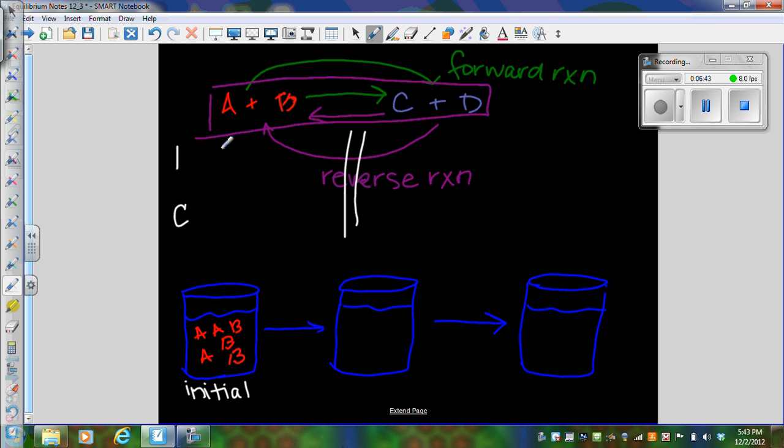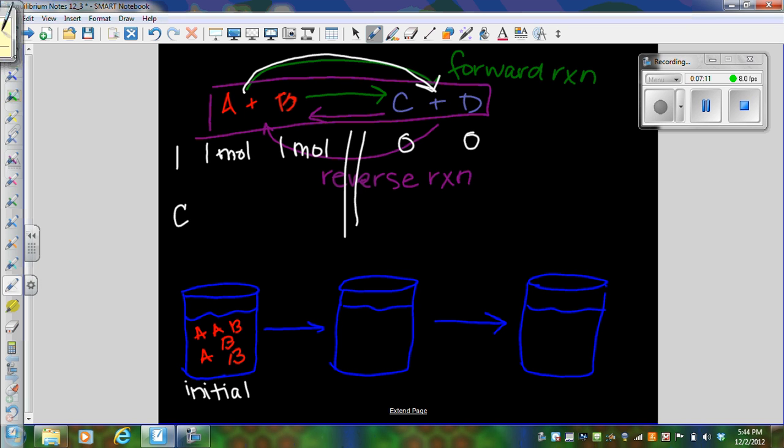You'll have some certain amount, let's just say we've got a mole of each just to make it easy. So we talked about having some initial amount of our reactants and having nothing of our product. So when we start that reaction initially, just reactants, no products whatsoever. And initially, the reaction goes in the forward direction.